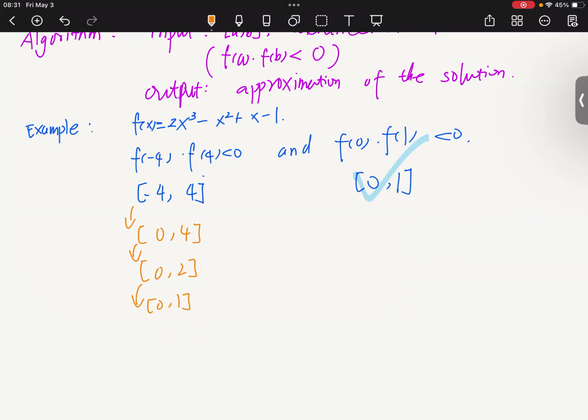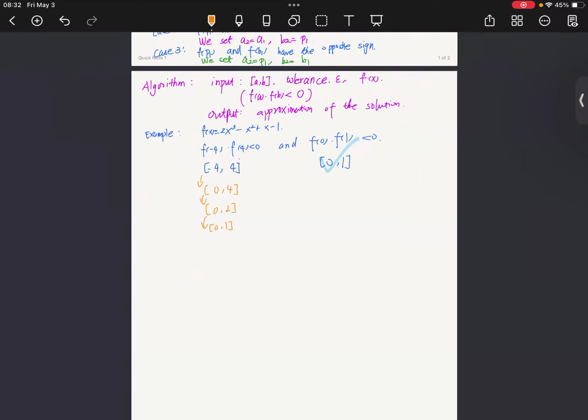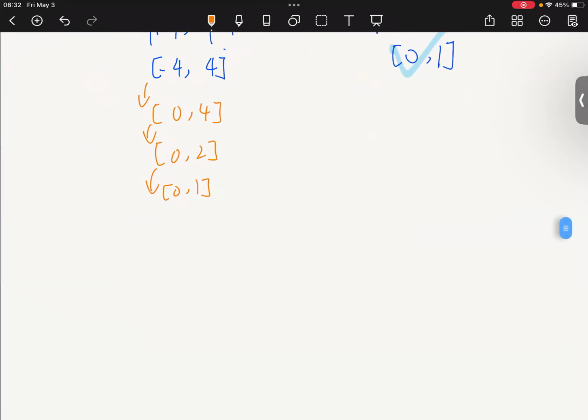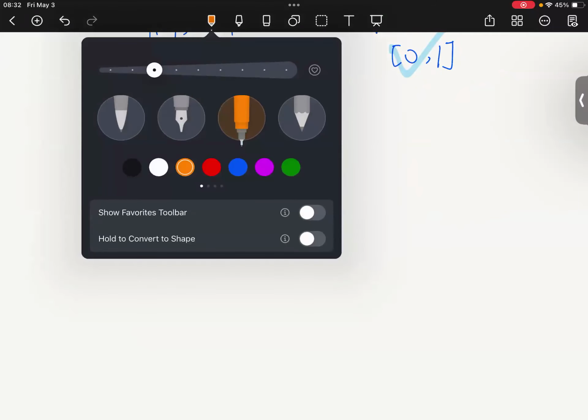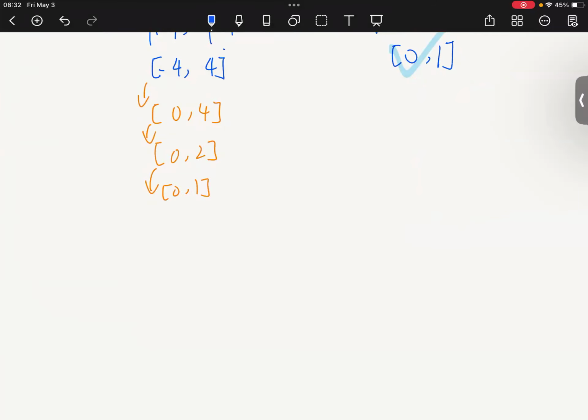So if you just start with 0 and 1, you can reduce the number of iterations by 3 here. And so I would choose a smaller interval here. That is something I want to remark about the input and output.